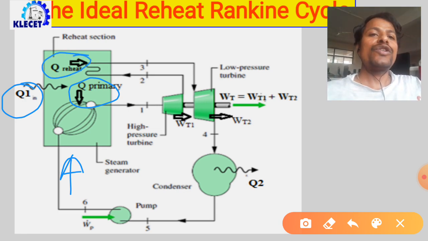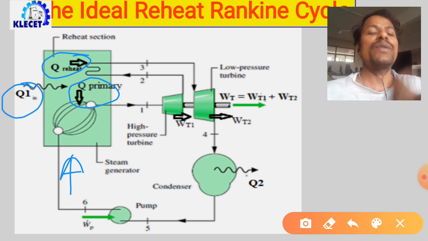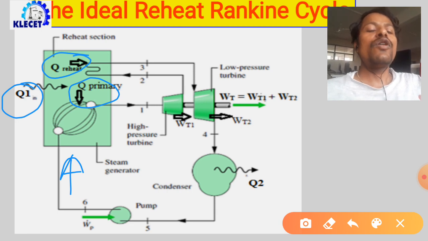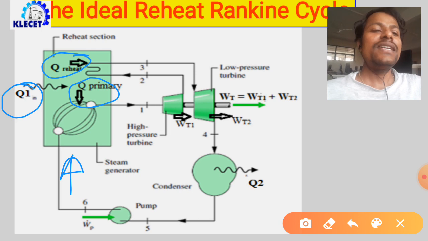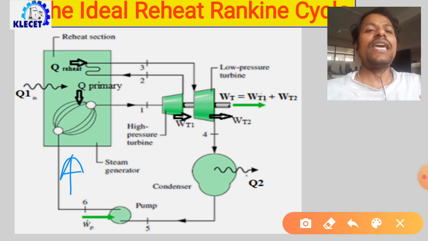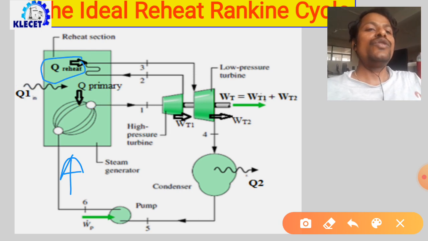That is Q1 is equal to Q primary plus Q reheat. What is Q primary? Q primary is the heat energy absorbed by the boiler tubes, that is primary heat supply to generate the superheated steam before high pressure turbine inlet. What is Q reheat? Q reheat is the heat absorbed during reheating process, that is during the process 2 to 3 here.